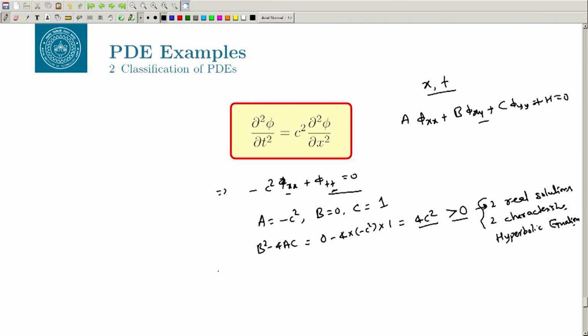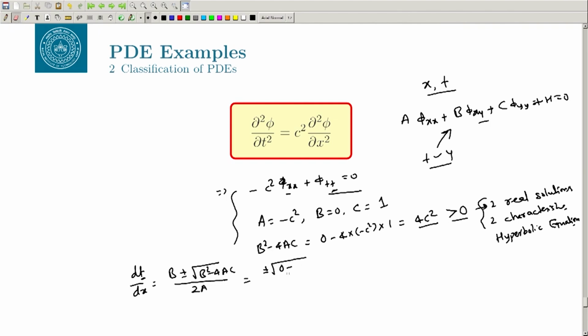For example, if I want to write it like this, dt by dx will be b plus minus square root of b square minus 4ac by 2a. Remember, we have said t is basically equivalent to y in this expression, right. So, b is 0 and this is plus minus square root of b square minus 4ac, which is already 4c square as we have obtained. Okay, so just write like that.